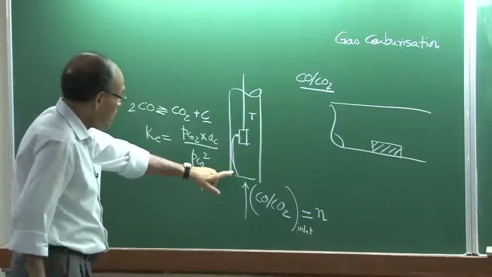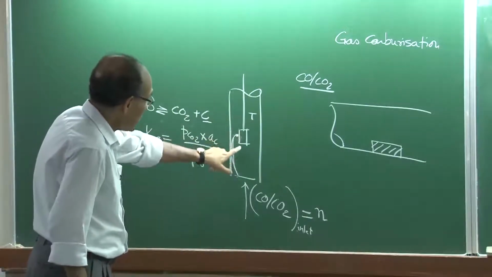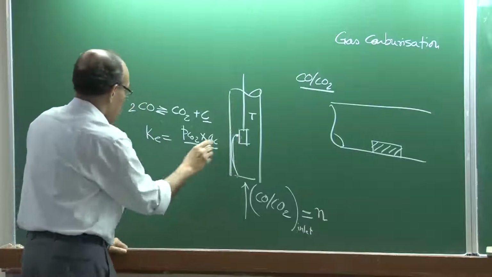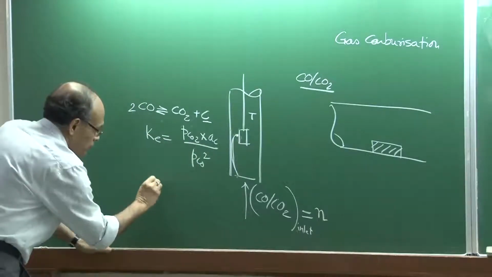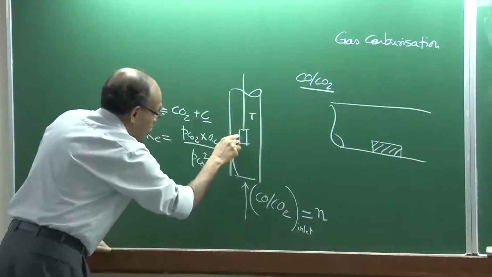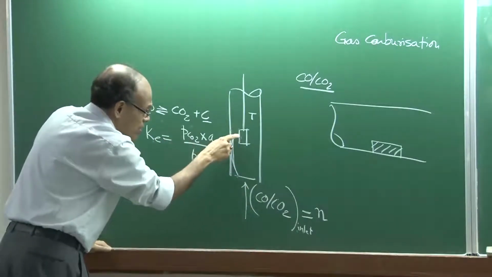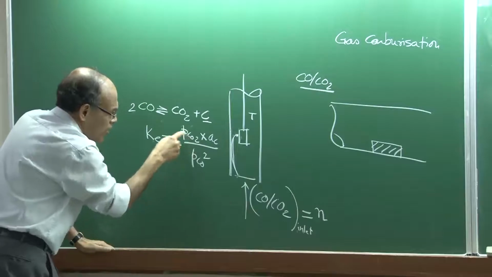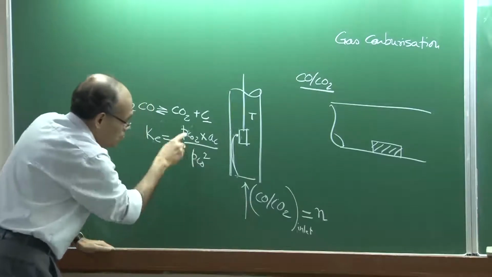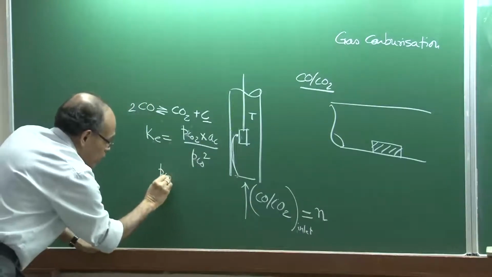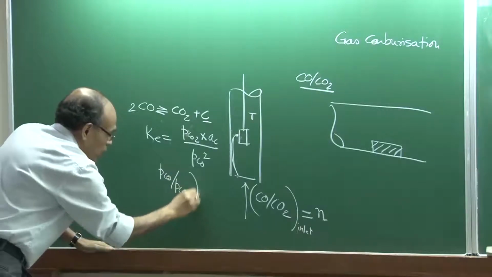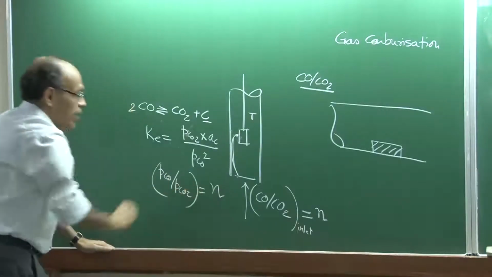If it is so, then we can also apply that PCO, PCO2 at this interface, because this is the equilibrium constant. This refers to the interfacial concentration. These concentrations are interfacial concentrations. So this ratio is going to be applicable even at the interface.